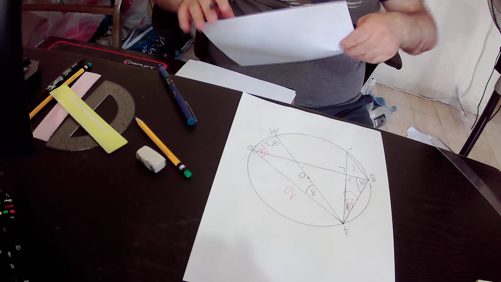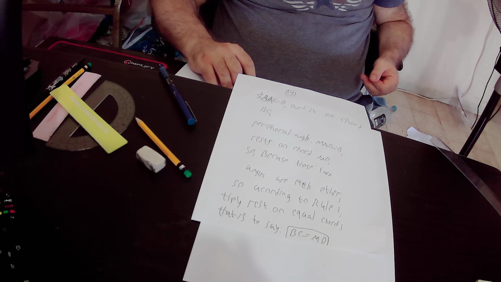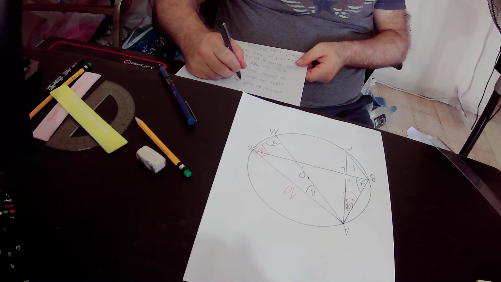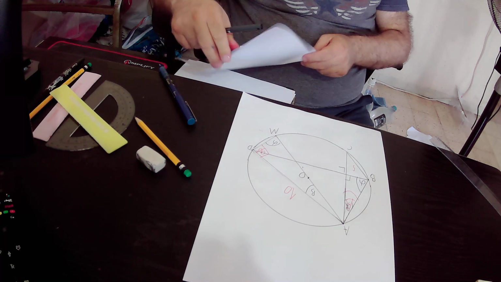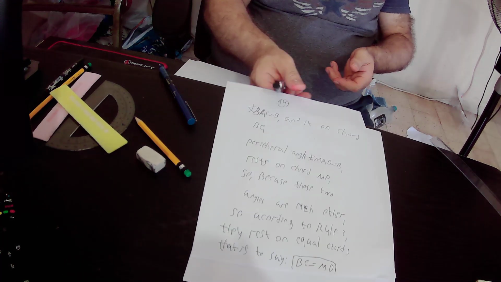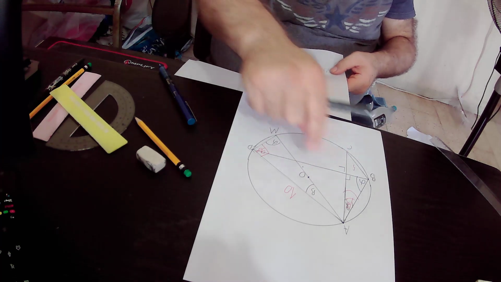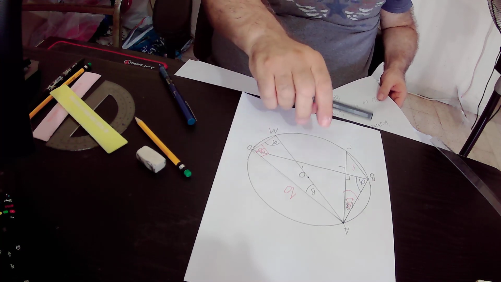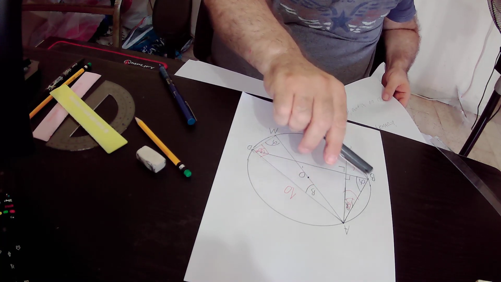So I read again what I wrote. Peripheral angle MAD equals beta, and it rests on chord MD, while peripheral angle BAC also equals beta, and it rests on chord BC.